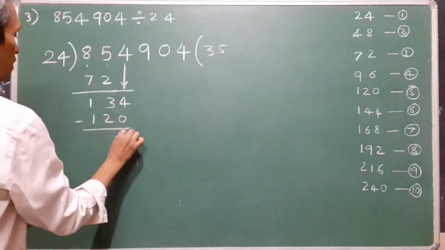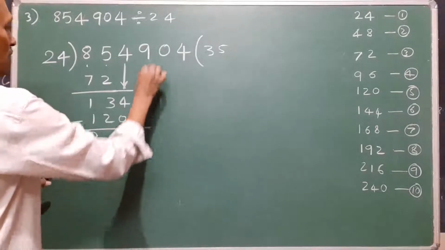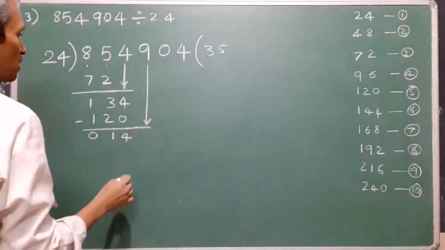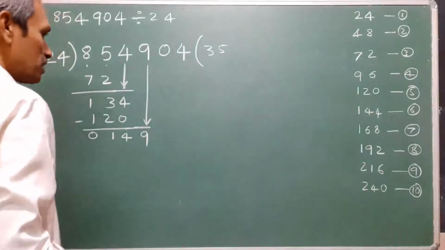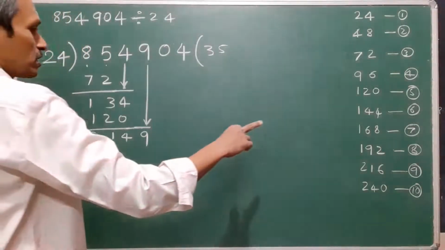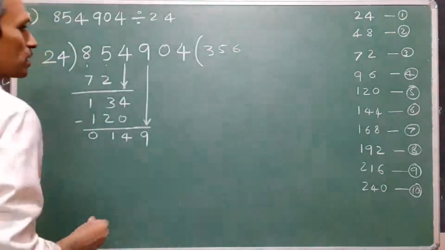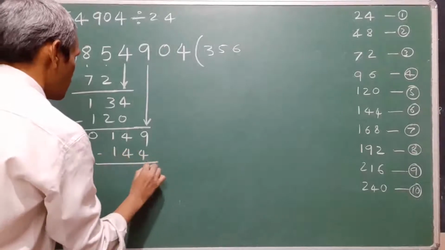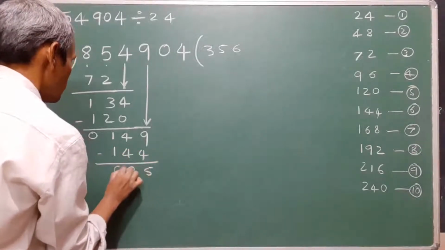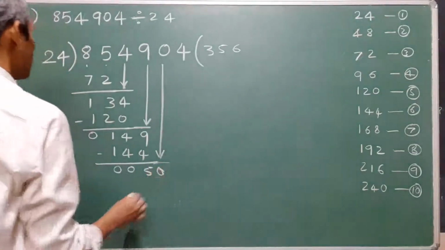Now subtracting, 14 remains and take the next digit just after 4, which is 9, it becomes 149. Once again search for 149, which is not there, less than 149, 144 is there, 24 6s are 144. Once again you subtract this one, 5, 0, 0, take the next one down and it becomes 50.